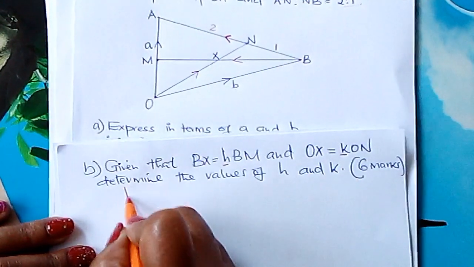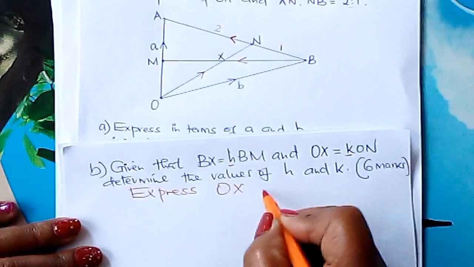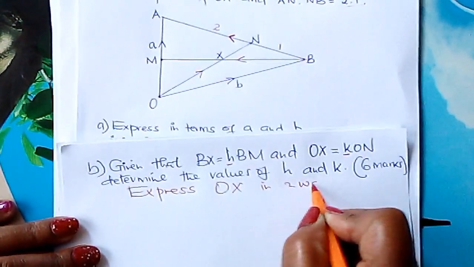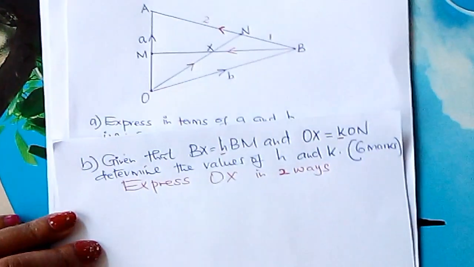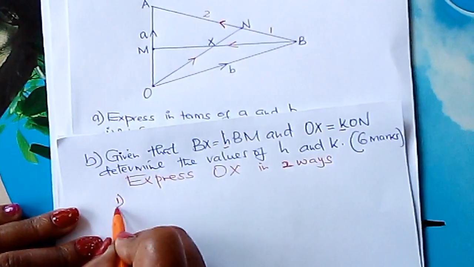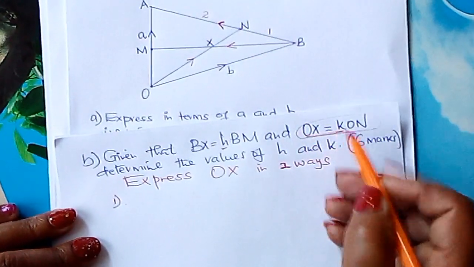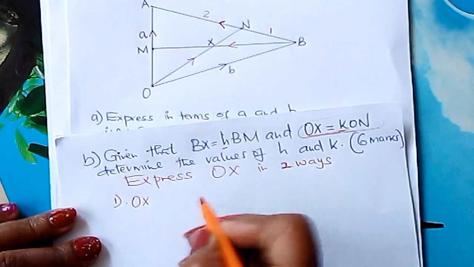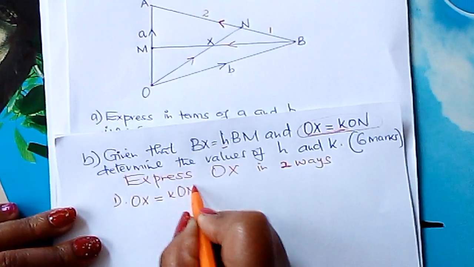So Lana, what you do here is that you express OX in 2 ways. Number 1, Lana, take this route, take that expression. So OX is equals to K of ON.